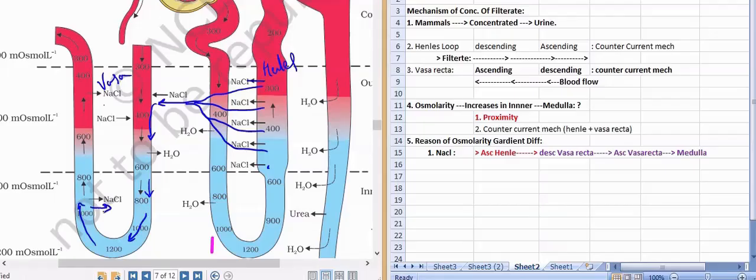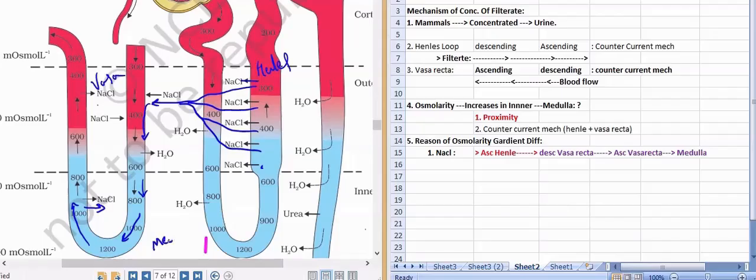It's the medulla now, the inner medulla. Even going upward, not in the cortex, here it's releasing. It is not going inside, so in the medulla it is releasing.